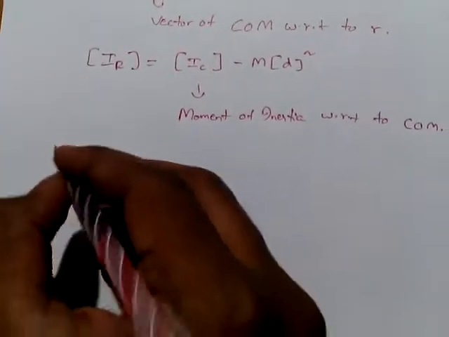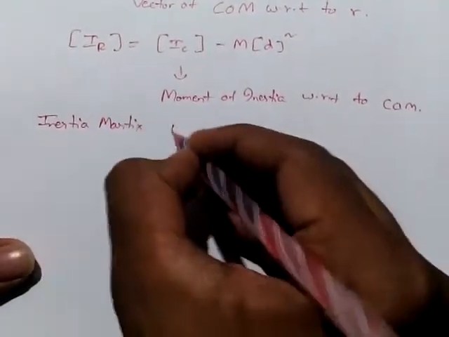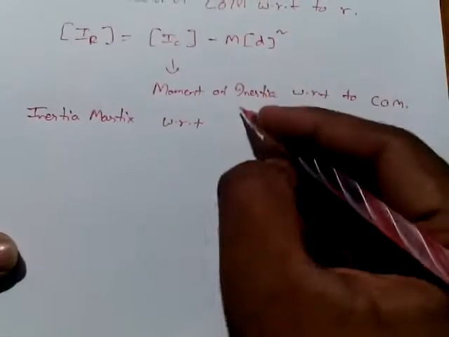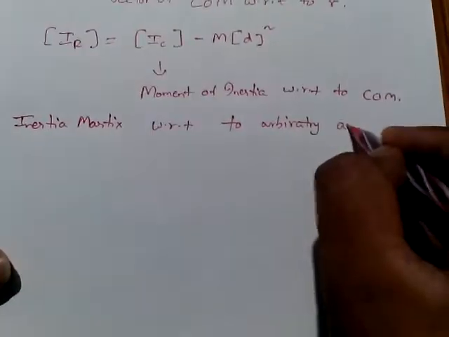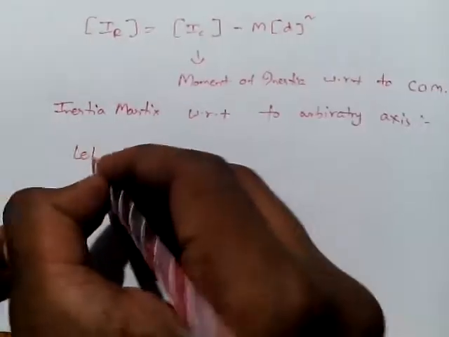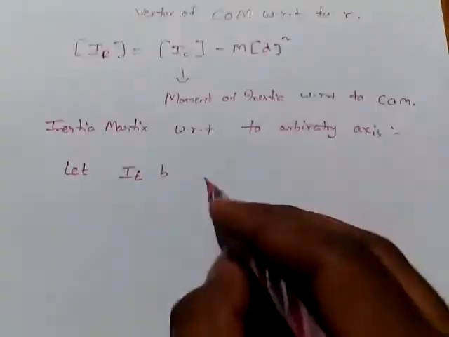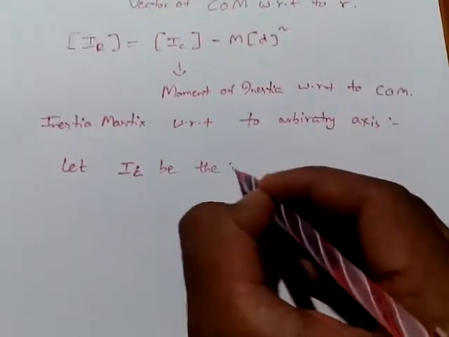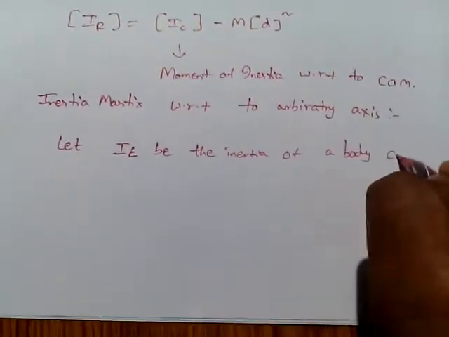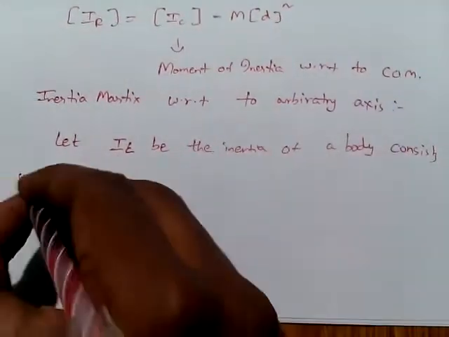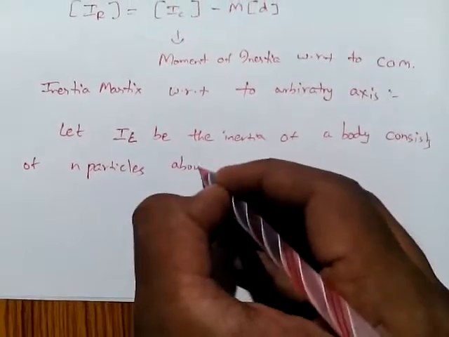Now I am going to tell about the inertia matrix with respect to any arbitrary axis. Let IL be the inertia of a body consisting of n particles about a specified axis.